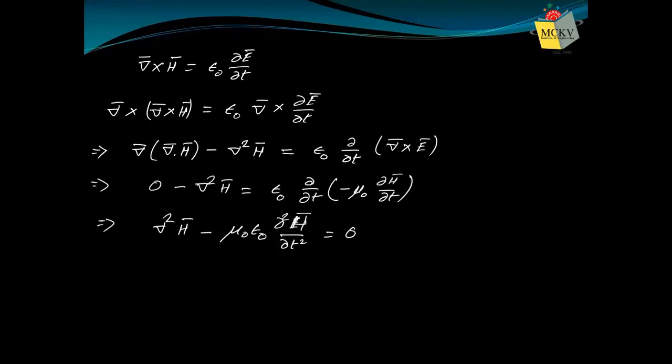Okay, is there any query up to this? So the two equations are the same for the electric field and magnetic field. Exactly, the two equations are similar. Whether you are using electric field or magnetic field, the equations look similar. Now I am writing those two equations.